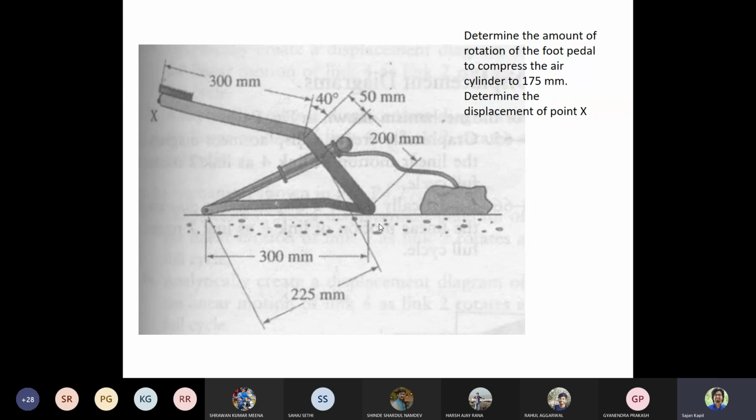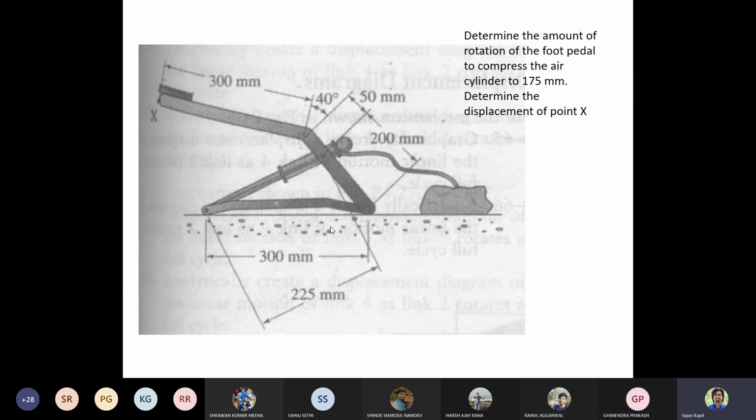Done. Who has completed it? Yanendra, over? No, sir. Did you draw the pedal? How did you draw the pedal? I haven't drawn it yet.